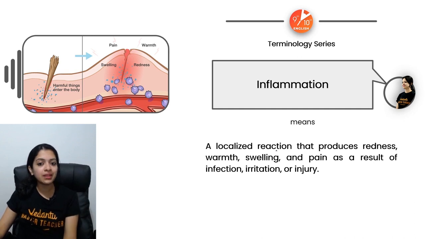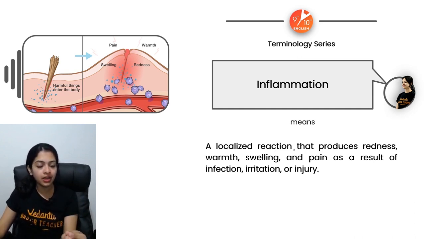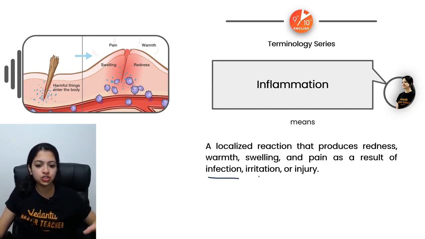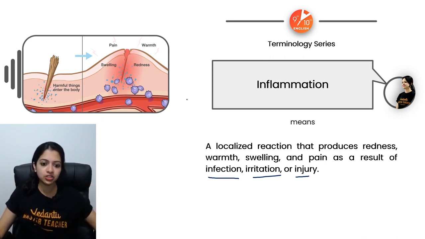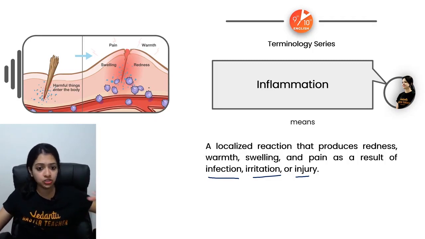We can describe an inflammation as a localized reaction which produces redness, warmth, swelling, sometimes pain as well as a result of some kind of infection, irritation or injury. Because in a particular injury site or an infection site, there would be a lot of immunity providing cells which gather up.